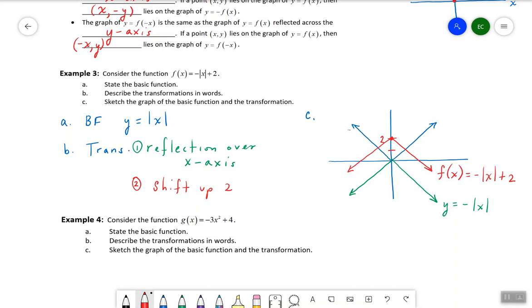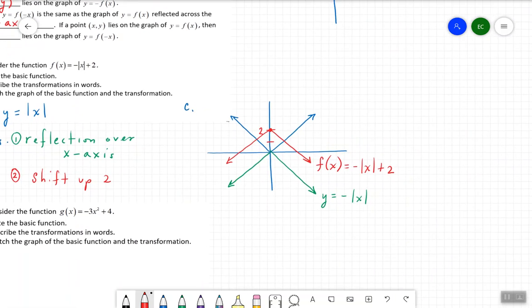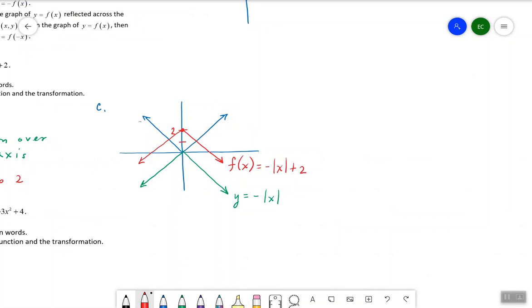Here's a nice point that we might make. Does it matter what order you do the transformations in? What if you shifted up and then reflected? Would that get you the same answer? Often I have students say you'll still get the same answer, but in this case that's not true. So let's just look at that briefly.